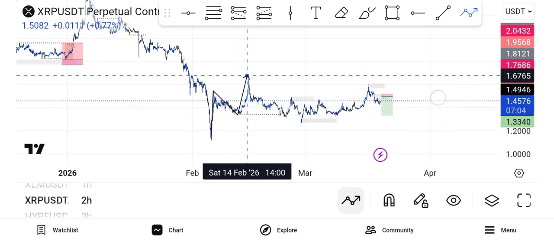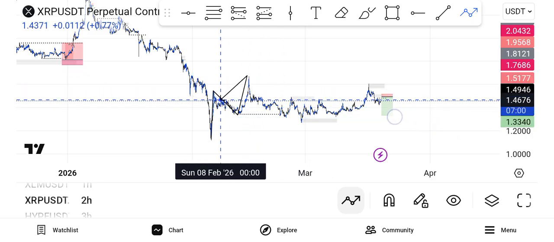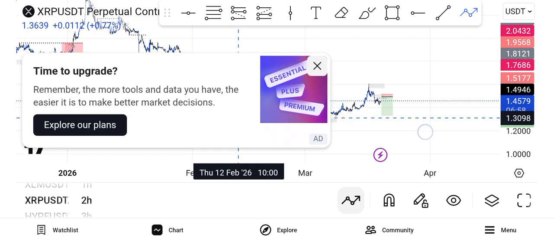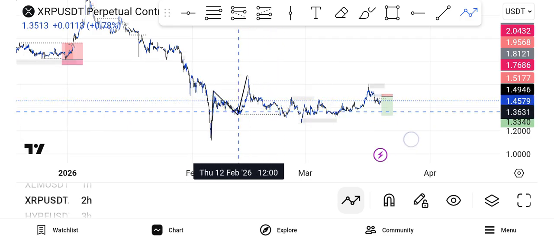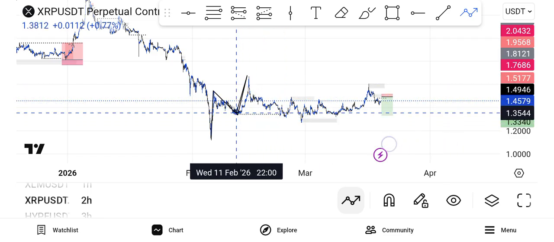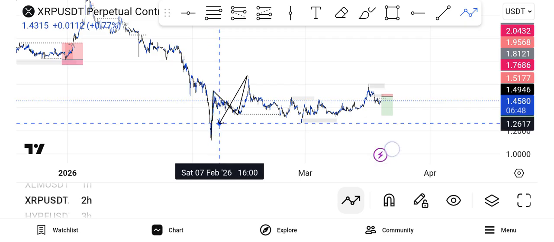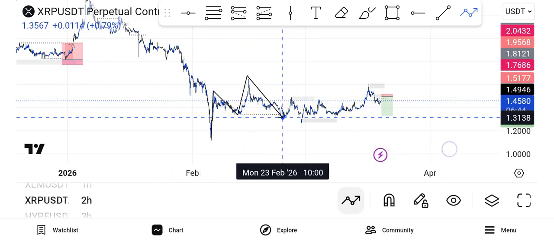Then what happened again? It sold all the way to this zone. Now, if you see, we have a demand zone here, a demand zone at this point which failed to be respected. So I already said the market has switched from this uptrend that it wanted to create back to a downtrend.